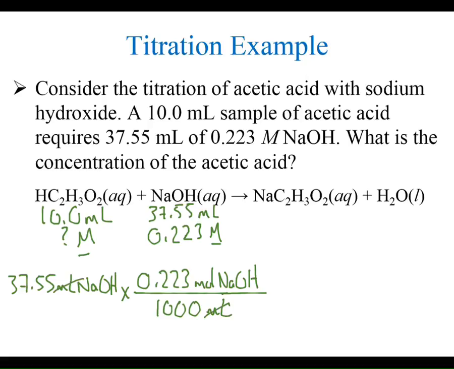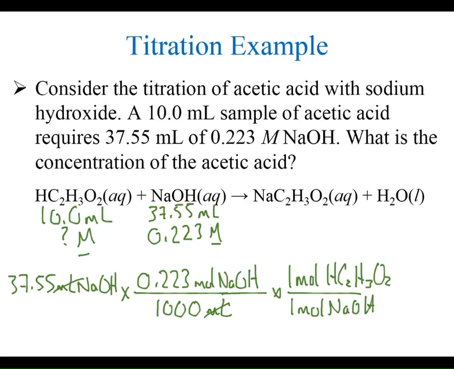For every 1 mole of base I added, I must have neutralized 1 mole of acid, right? It's 1 to 1, see? So this should look a lot like every other one we've done. For every 1 mole of NaOH, I must have reacted with 1 mole of acetic acid. So let's see, what does that give me? Grab a calculator here.